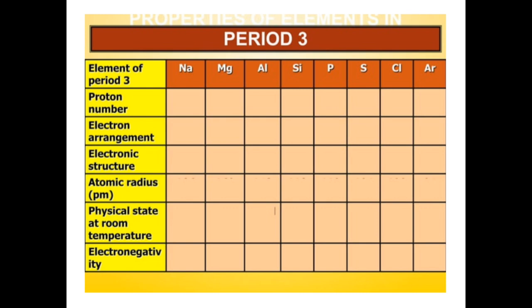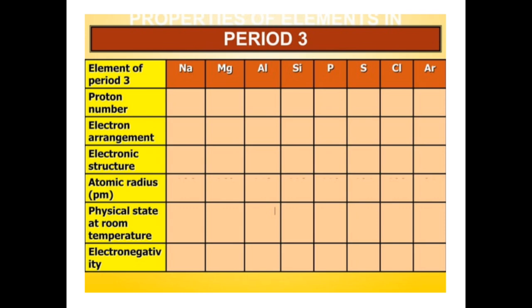But in addition to what is here, we also look at their first ionization energy, their melting and boiling points, and then we also look at some critical chemical properties like the nature of their oxides specifically. And then we are also going to be comparing the elements in period 3 and period 2 in terms of their similarities and their differences.